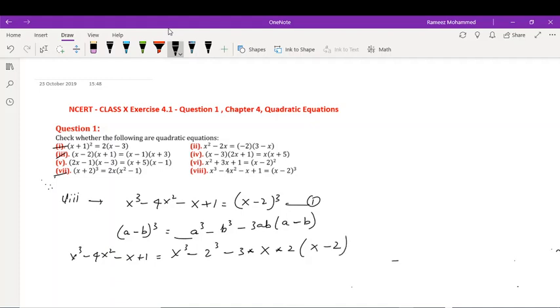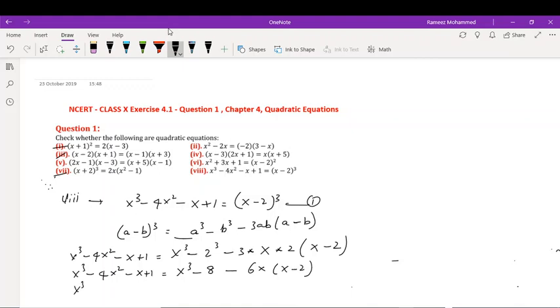Got it? So x cube minus 4x square minus x plus 1 is equal to x cube, and 2 cube is nothing but 8, and this thing is nothing but 6x into x minus 2.